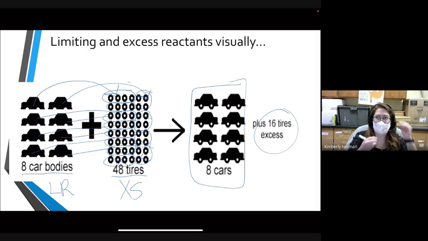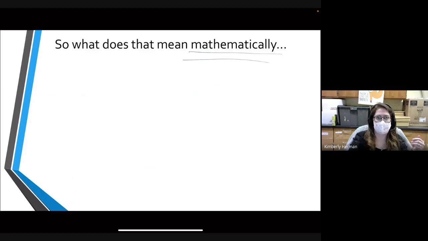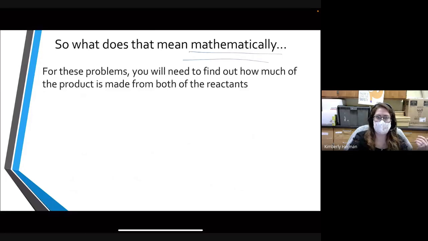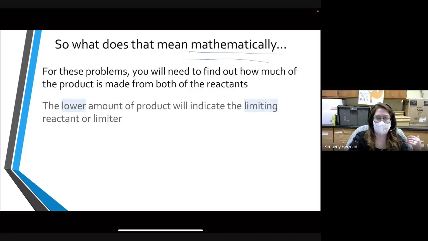That's just looking at it visually for making a car. But we're not going to be talking about making a car in chemistry. We're going to be using it mathematically, and this is why we needed our calculator for today. So for these problems, you'll need to find out how much of your product is made from both of your reactants. The lower amount out of the two reactants would be your limiting reactant, or we sometimes call it our limiter.